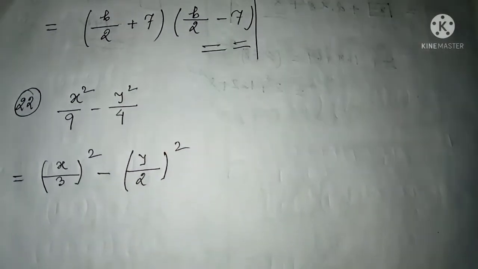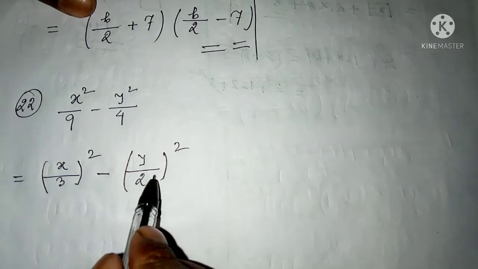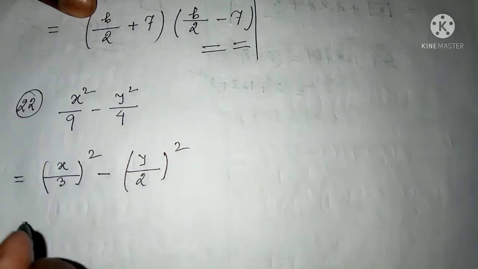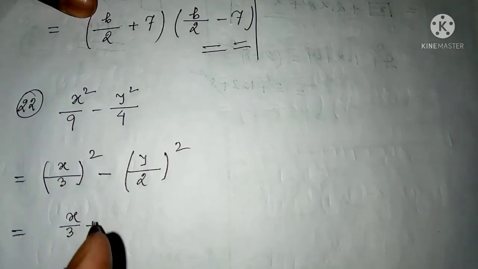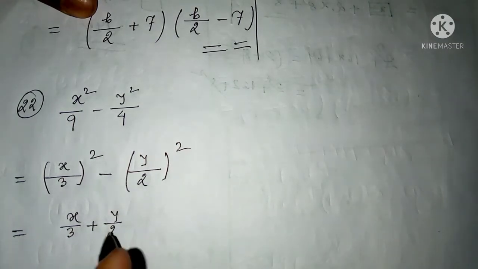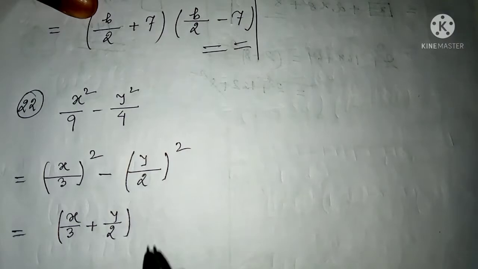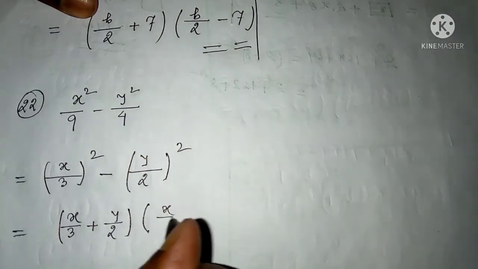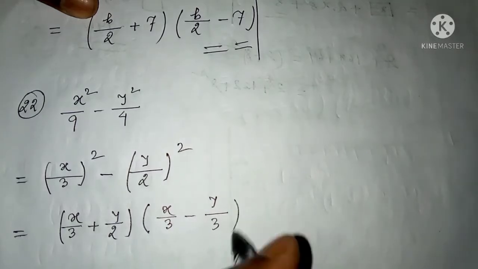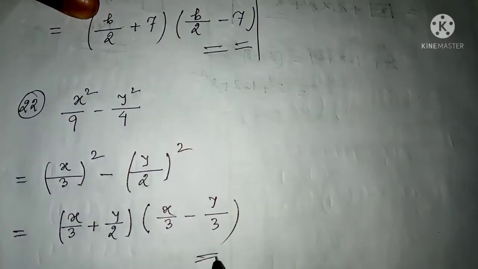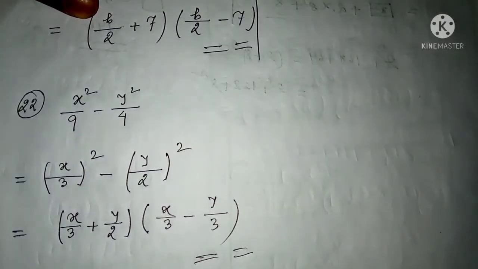Now see, this is in the a square minus b square form. That means very simple: first term plus second term, into first term minus second term. So this is our answer to the 22nd number question.